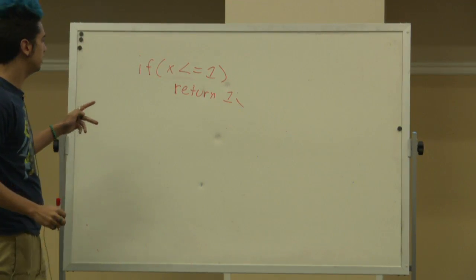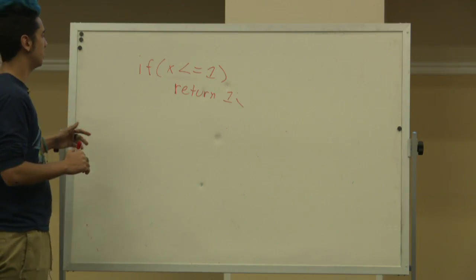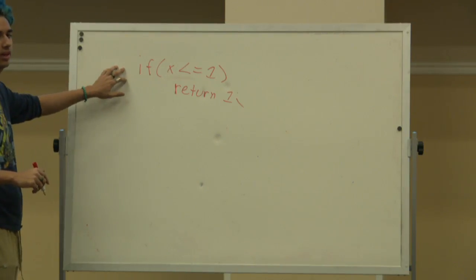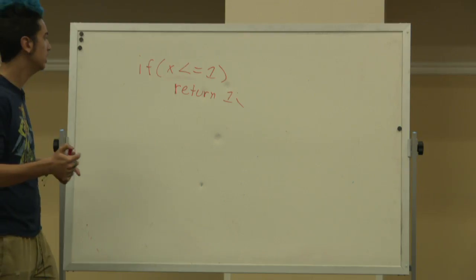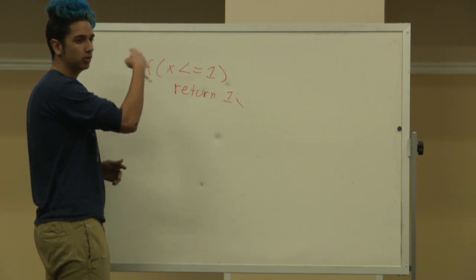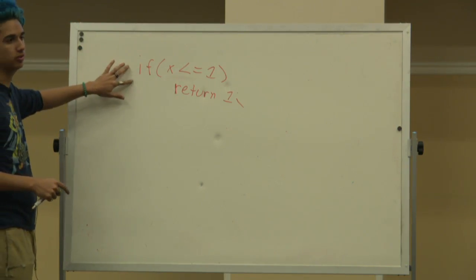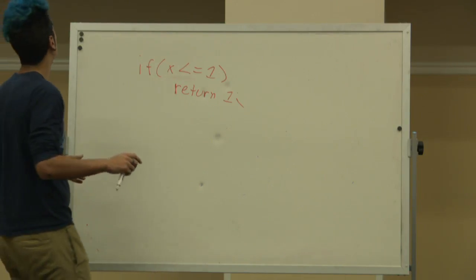So if we pass in a 1 or a 0, eventually it's going to return that 1. As you keep calling the function, eventually it's going to hit this base case and pull you out. This is what terminates the recursive function. You have a base case in any sort of recursion that you work with.